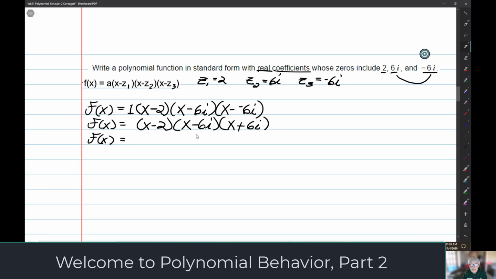Now, there's a trick to doing this that will take you less time, so it's a very good trick. These are conjugates. I'm going to show you some other conjugates. There's a formula for multiplying conjugates, and here it is.